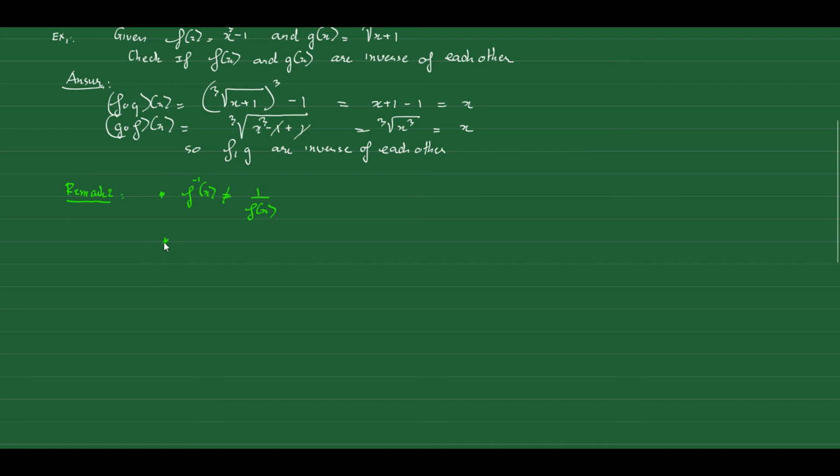And secondly, if f and g are inverses of each other, then the domain of f is the range of g and the range of f is the domain of g.